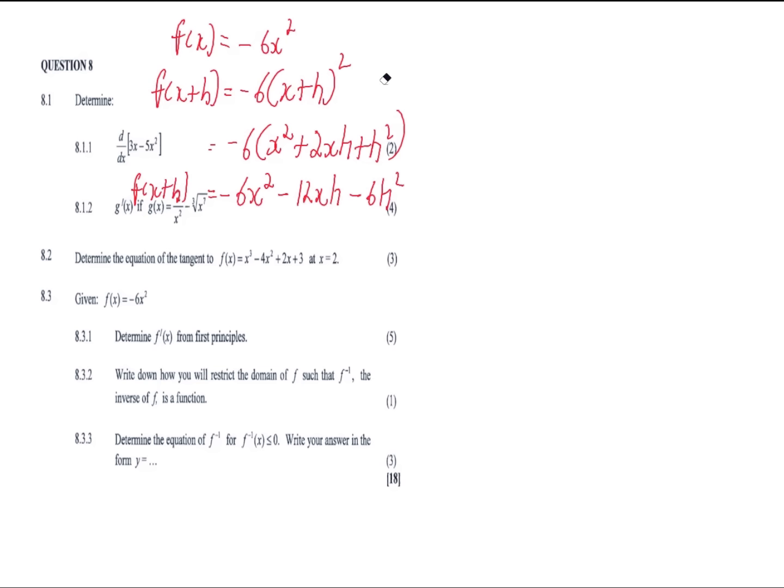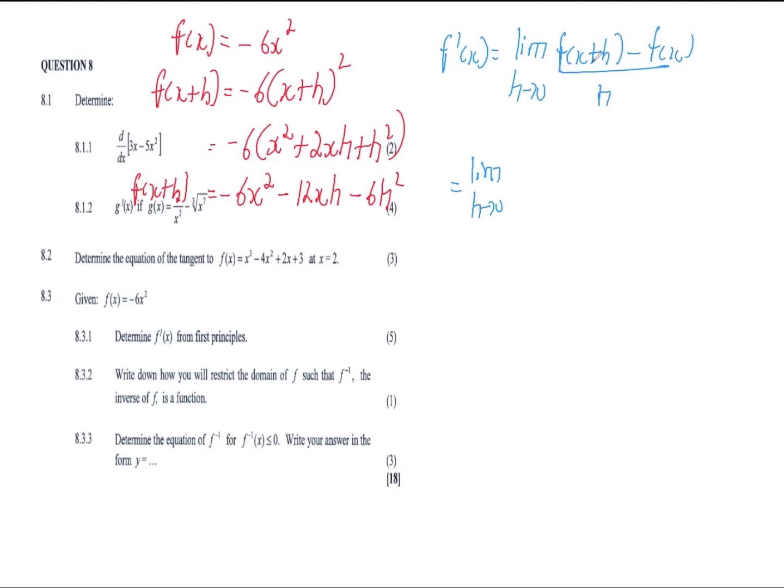But then remember, our equation to calculate f prime x is this. We say it is equal to the limit as h approaches 0 of f of x plus h minus f of x, and then over h. Then this is going to give us the limit as h approaches 0.